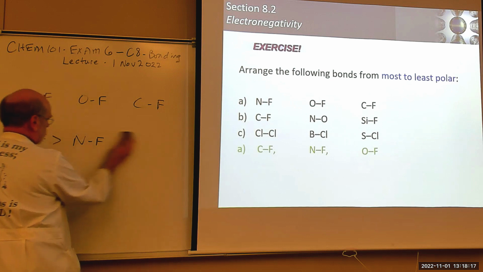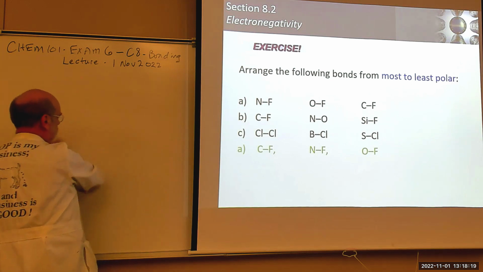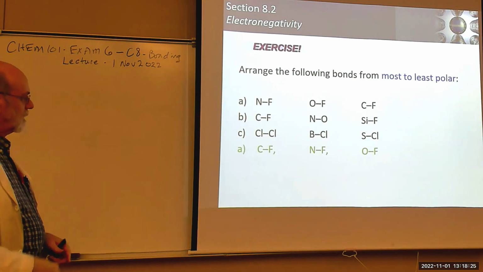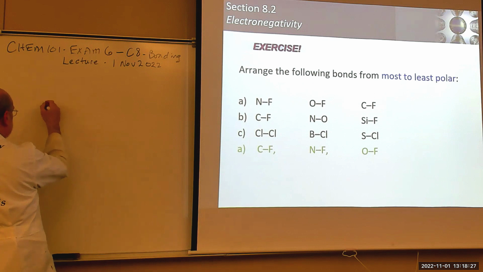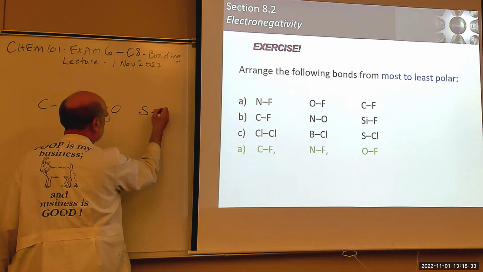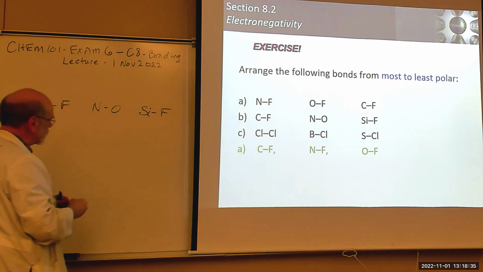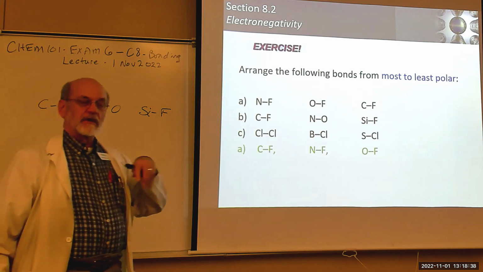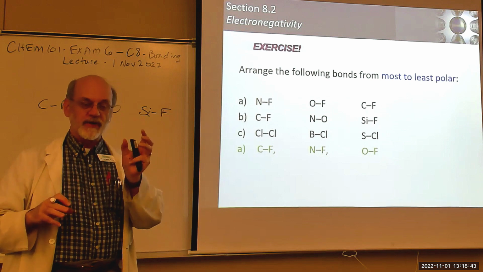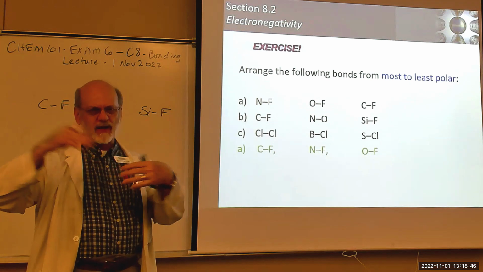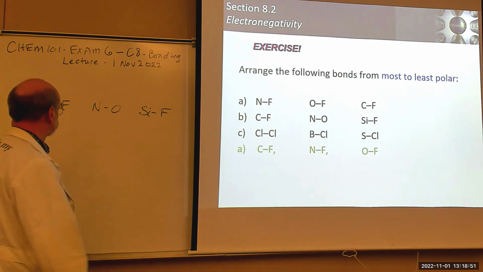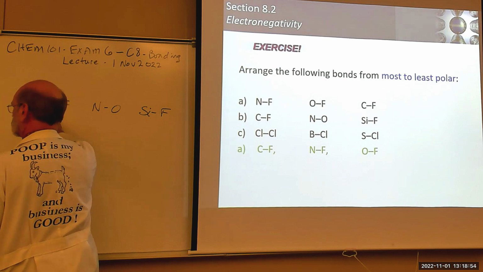That one was fairly easy because one of the elements was common to all three. But now we have carbon and fluorine, nitrogen and oxygen, and silicon and fluorine. So how do we deal with that one? The best way to approach this one is to say, how far apart are each of those pairs on the periodic table? Like how many steps, how many elements apart are they? The closest ones together are going to be the least polar. So it's not that one.